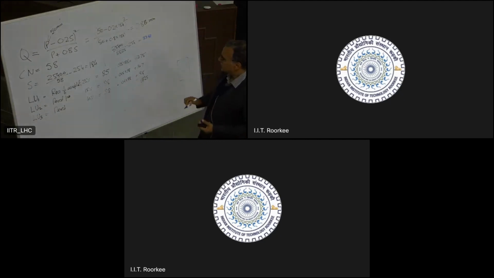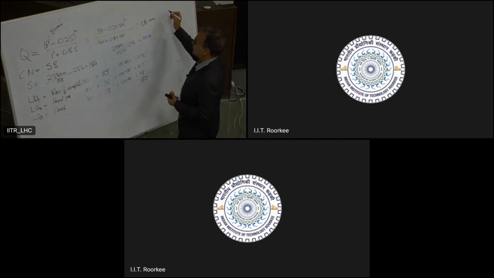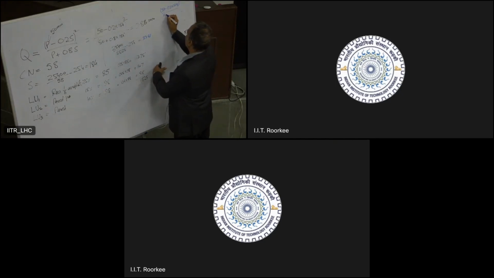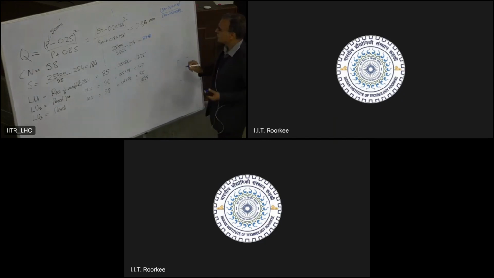Okay, so you can see that there is a dramatic reduction in S, and now our Q would be 50 minus 0.2 into 33.81 square divided by 50 plus 0.8 into 33.81. How much do we have?